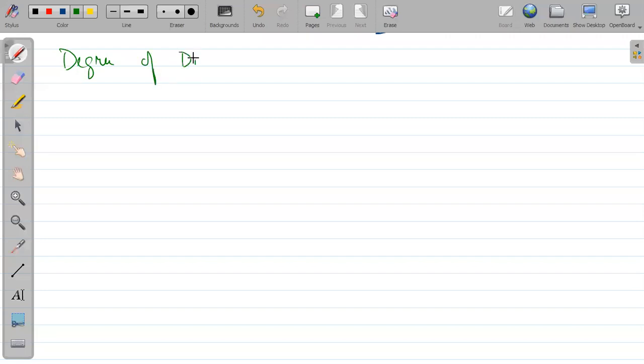So moving forward, write down the degree of differential equation. Very easy, but just write it down.